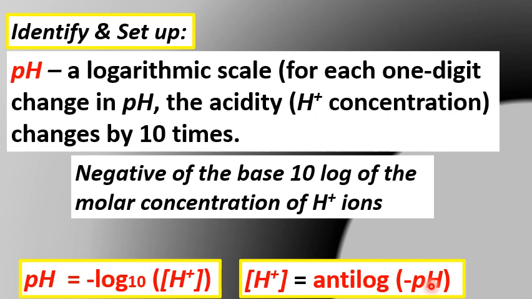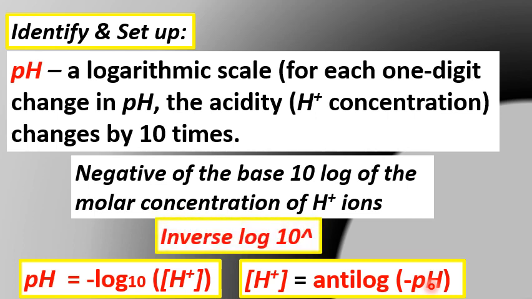Now, there are some scientific calculators where you can determine this antilog value of a given number. So just look for this key in the keypad of your scientific calculator.